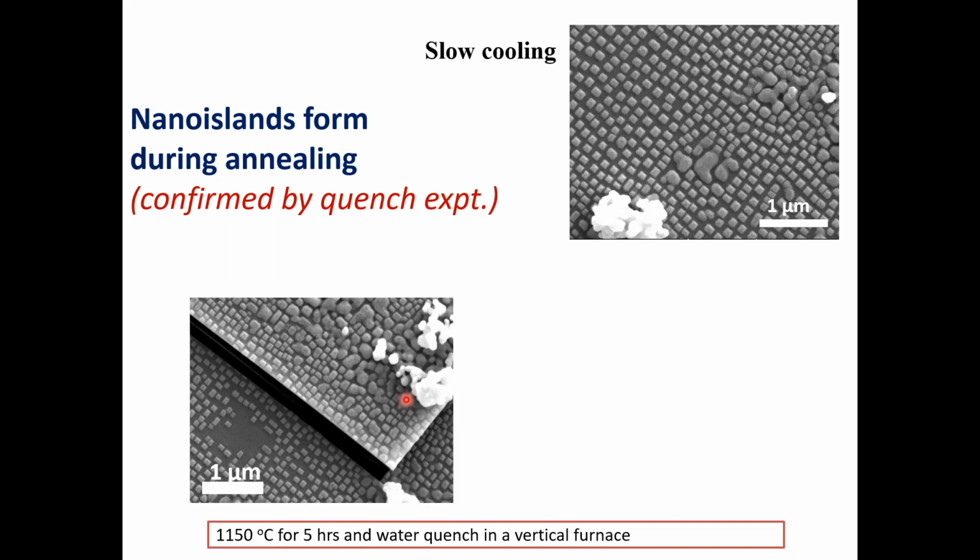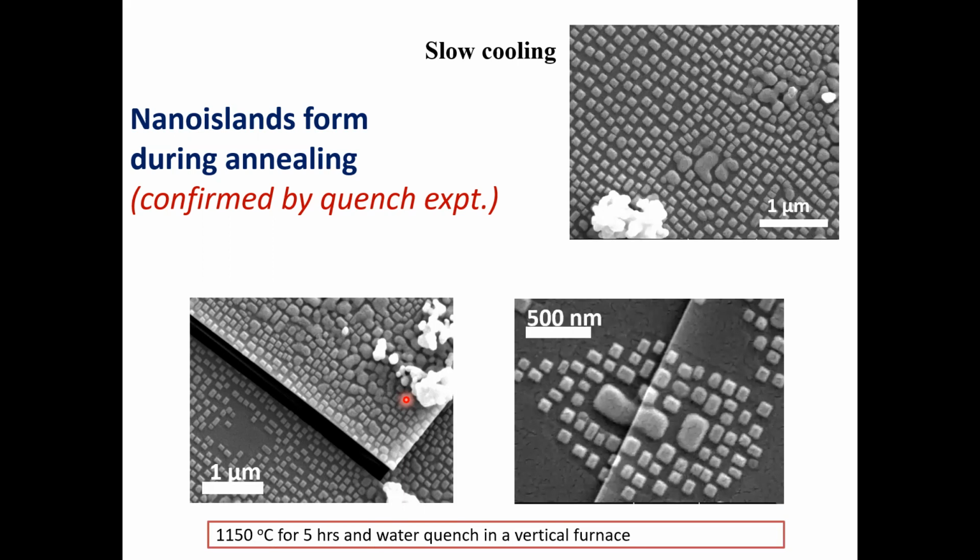Obviously, during quenching, this is a ceramic material, so the substrate actually shatters. And amazingly, you can see that the shattering cuts into the nano-islands. So clearly this quenching experiment proves that these nano-islands were formed during the high temperature treatment.